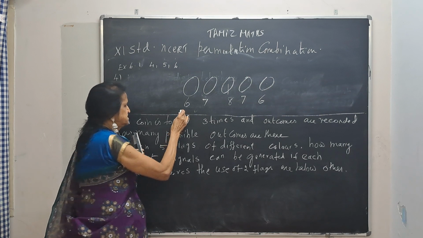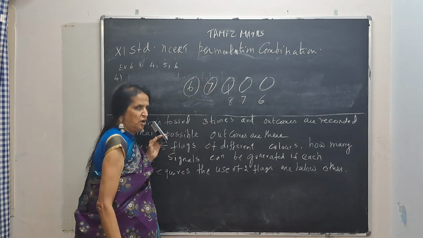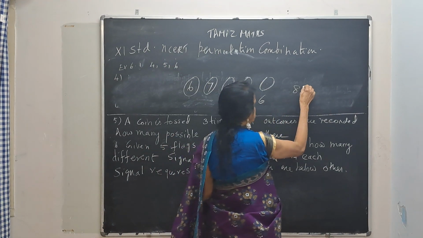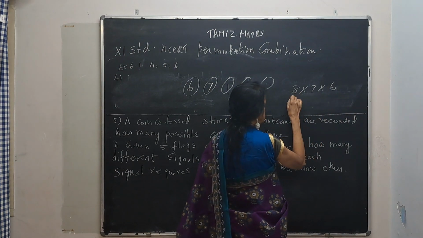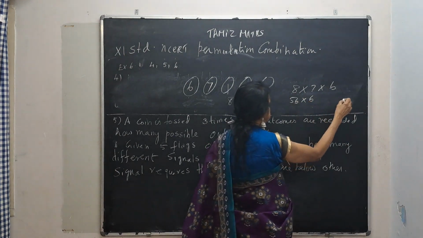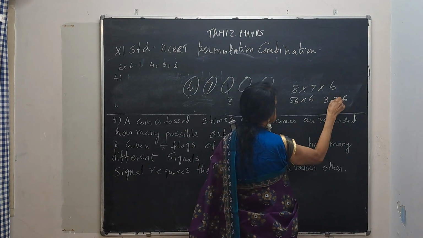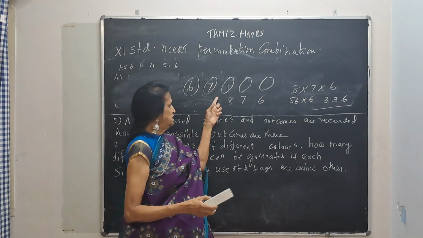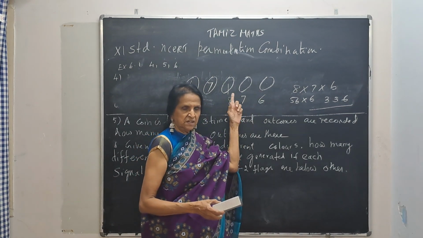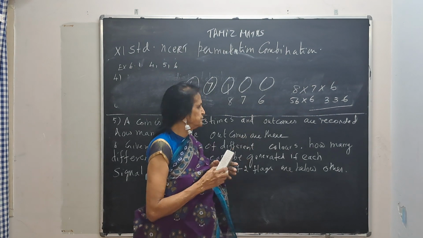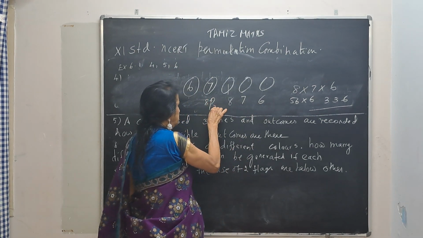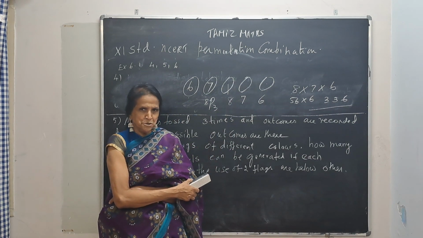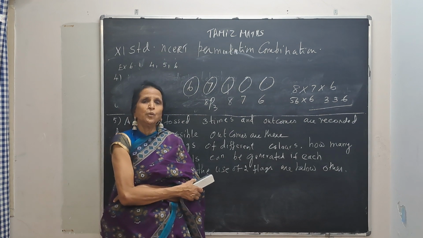So in how many ways can you totally have the telephone numbers? 8 into 7 into 6, which is 336. If you say there are now 8 numbers and there are 3 places, it's 8P3, which is the same as this one. Understood? Easy, enjoyable. Now I'll tell you how you will write the steps.